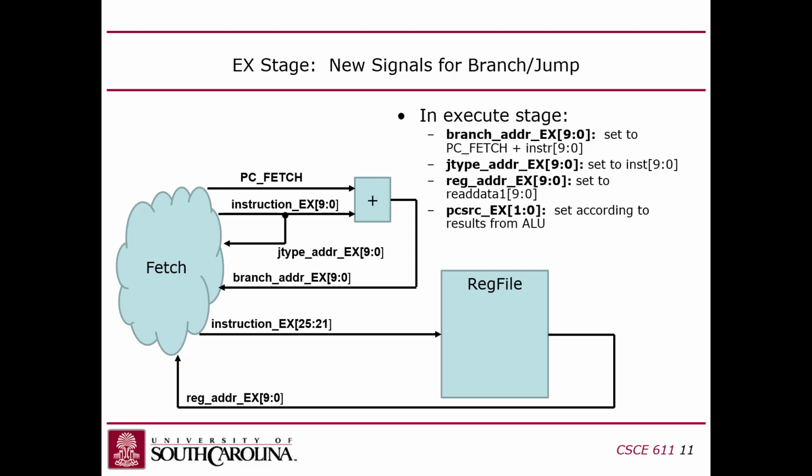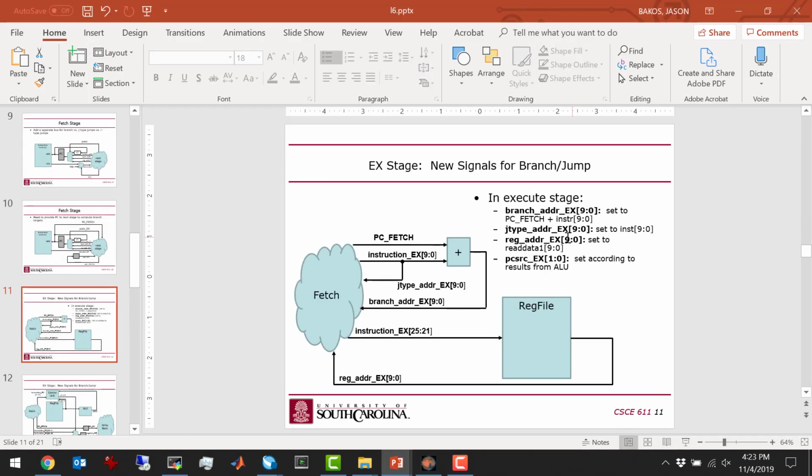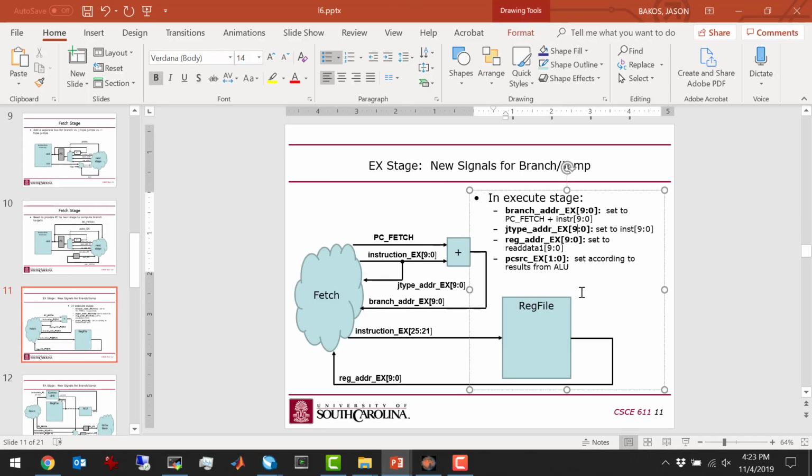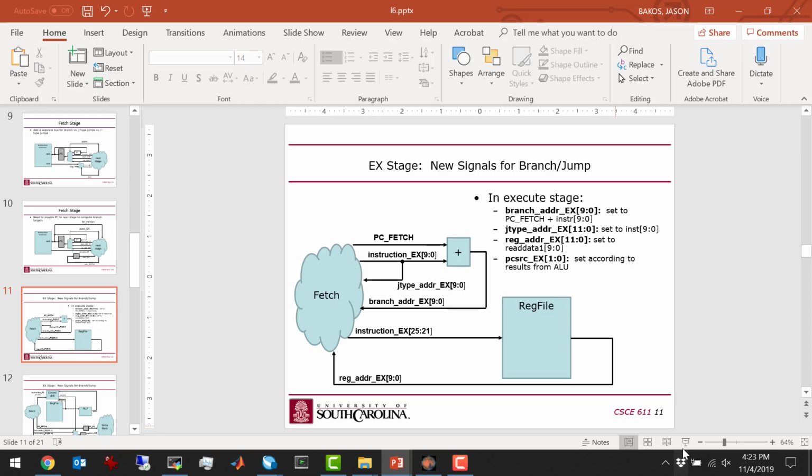Oh, and let's see. Yeah, so PC fetch plus the, that's wrong. That was back when we had a 10-bit PC. This semester we increased this program counter to 12 bits, so this should be 11 down to 0. There we go, sorry.